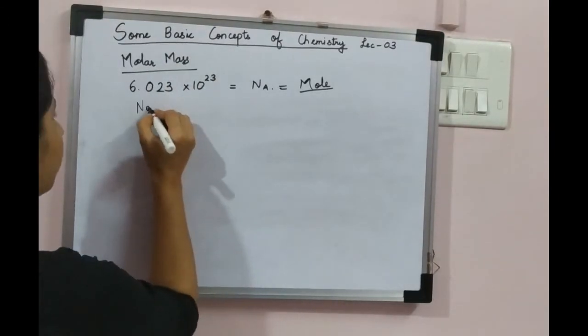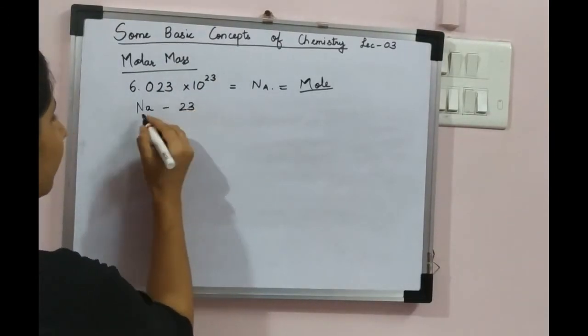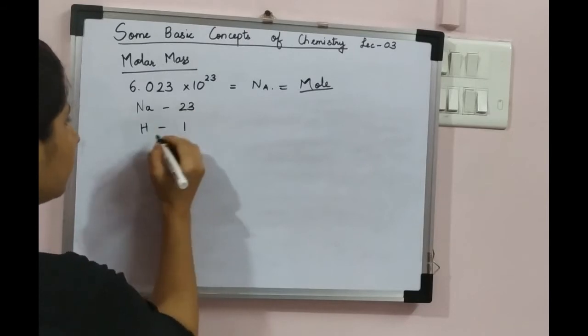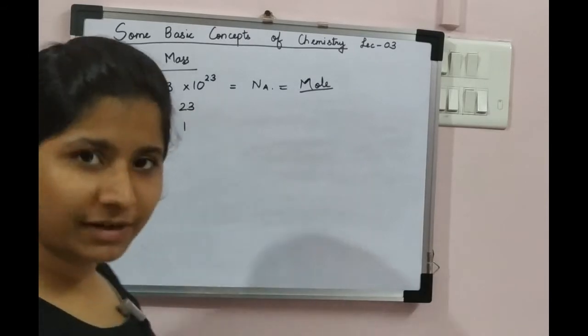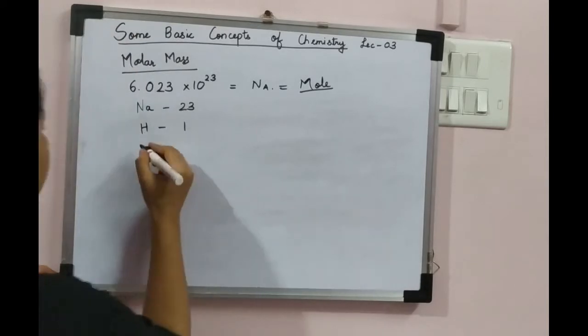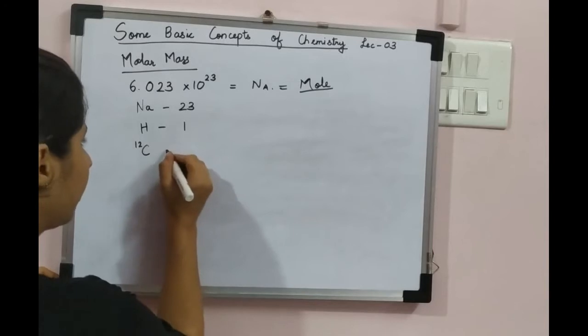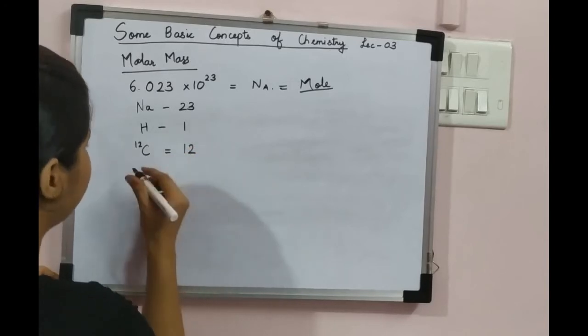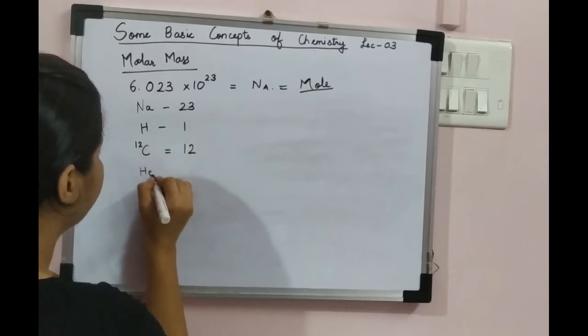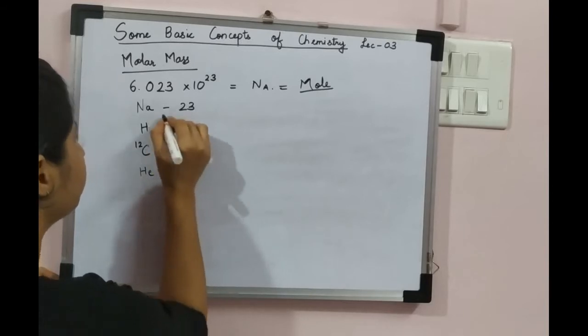Let's say for sodium this is 23. For hydrogen this is 1.0078 actually, but it is taken as 1. So 1/12 of carbon 12 is 1, so carbon 12 would be a total of 12. Then if I have helium, helium is equal to 4.